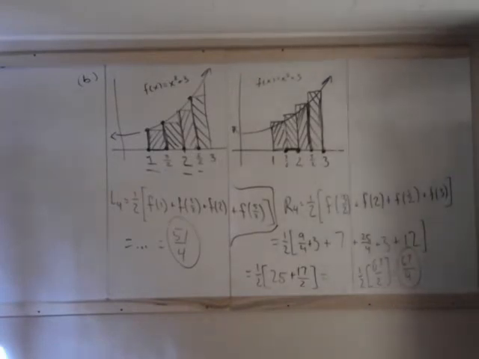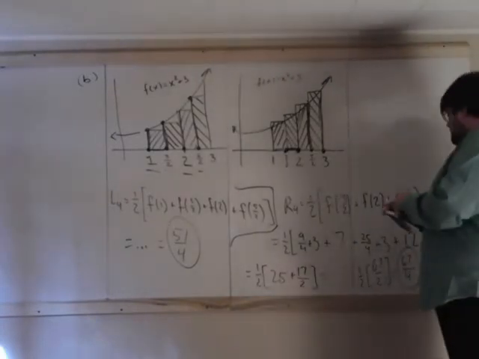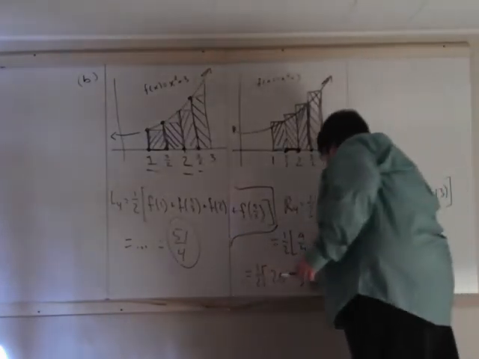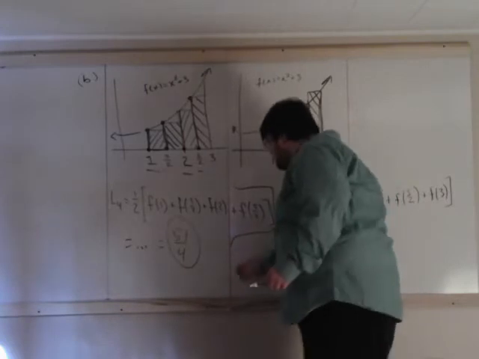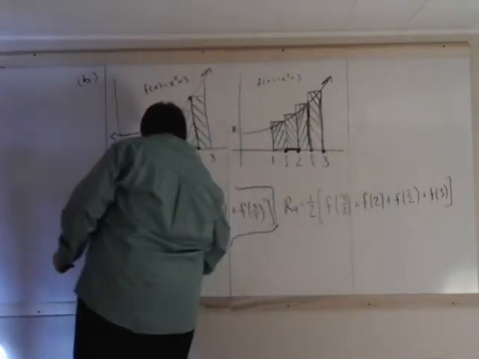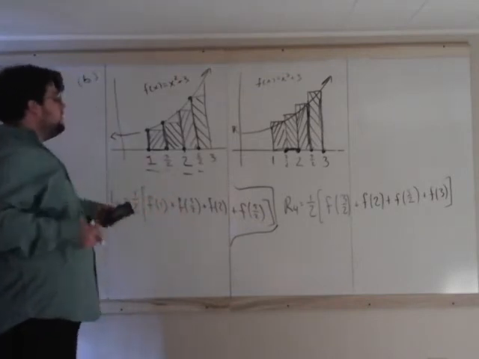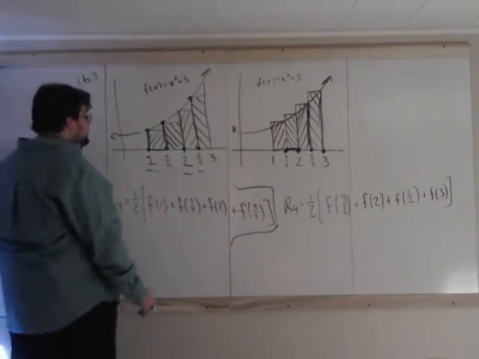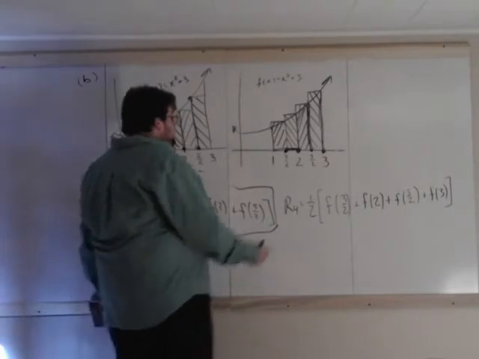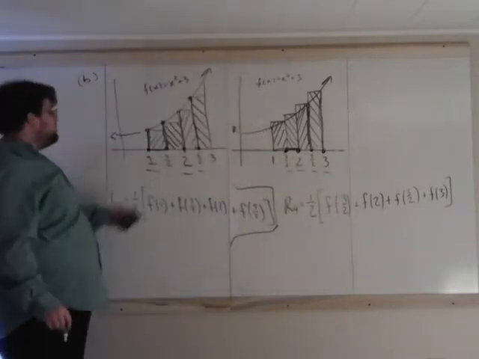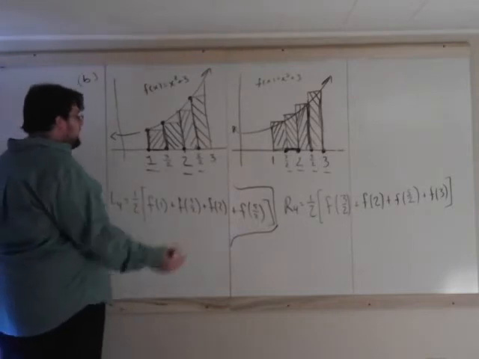Now, let's look at these two equations. Just look at the L4 and the R4 equations. Both of them, the base of the rectangle was a half. Over here, we use the left endpoints to find the heights.